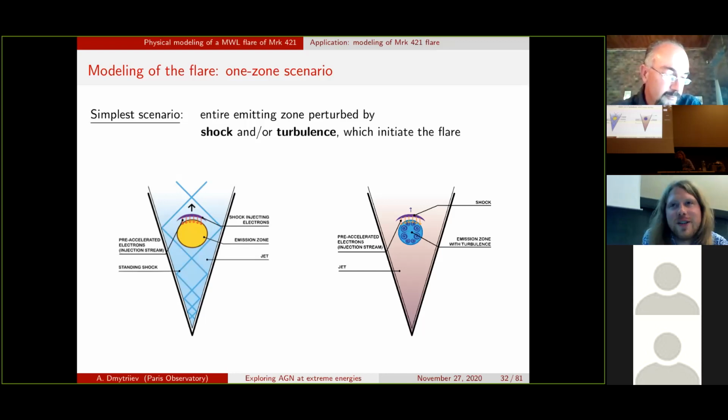If I understand well, the only way you can do it is by adding another component. My motivation was that I cannot really predict whether compressing the emitting region will help to overcome this issue with optical flux overproduction. I'm not sure. But I'm more sure that it is possible if you have another component which is dominating the X-rays, and its optical variability is diluted by the emitting zone, the blob.